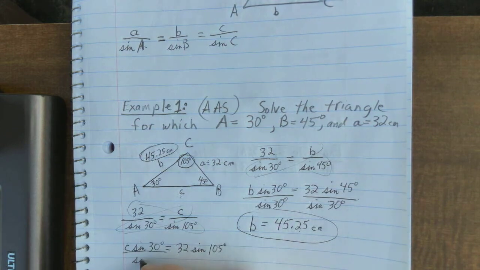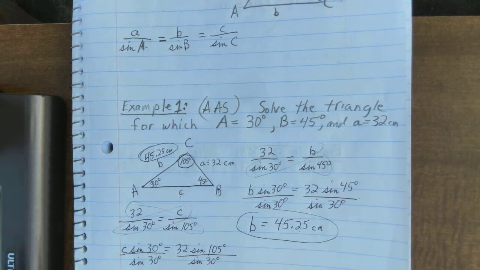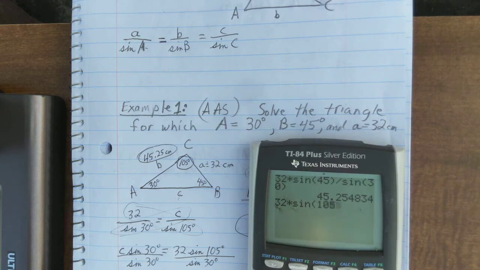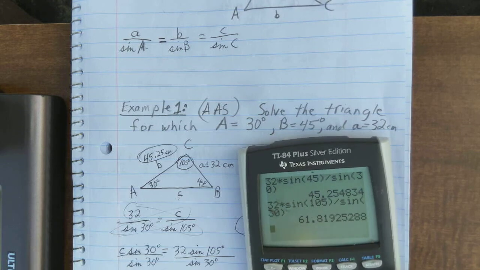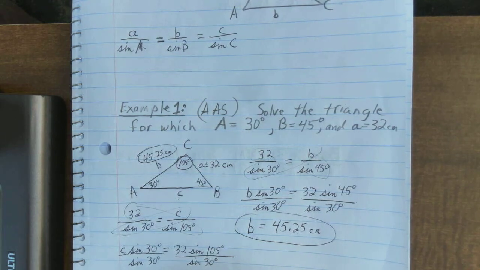I'm going to divide by the sine of 30 degrees on both sides. So I'm going to take 32 times the sine of 105 divided by the sine of 30, and that's 61.82. So c is 61.82 centimeters.